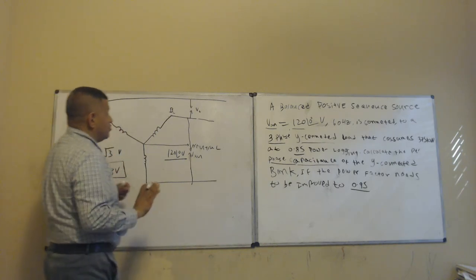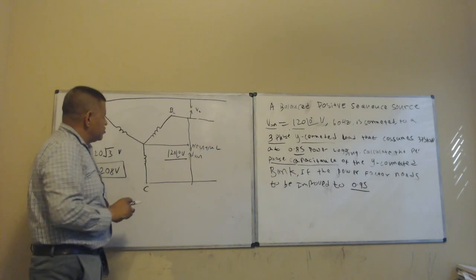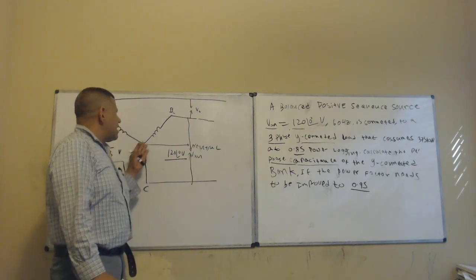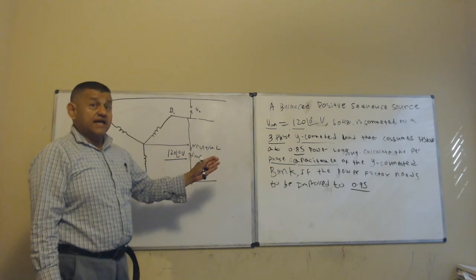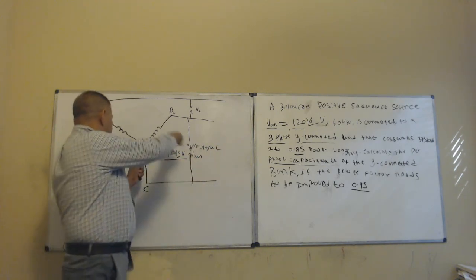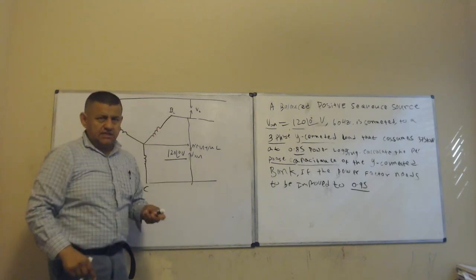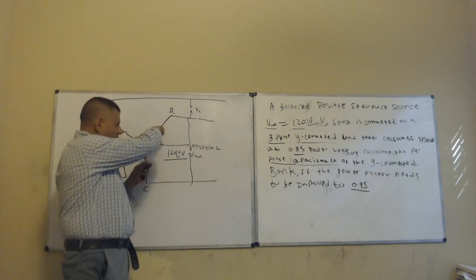But I just want to make sure that people don't get confused. When I say line to line, I'm talking about phase to phase, but outside. That is line to line. But if I measure coil to coil, it's going to be phase to phase inside the transformer coils.